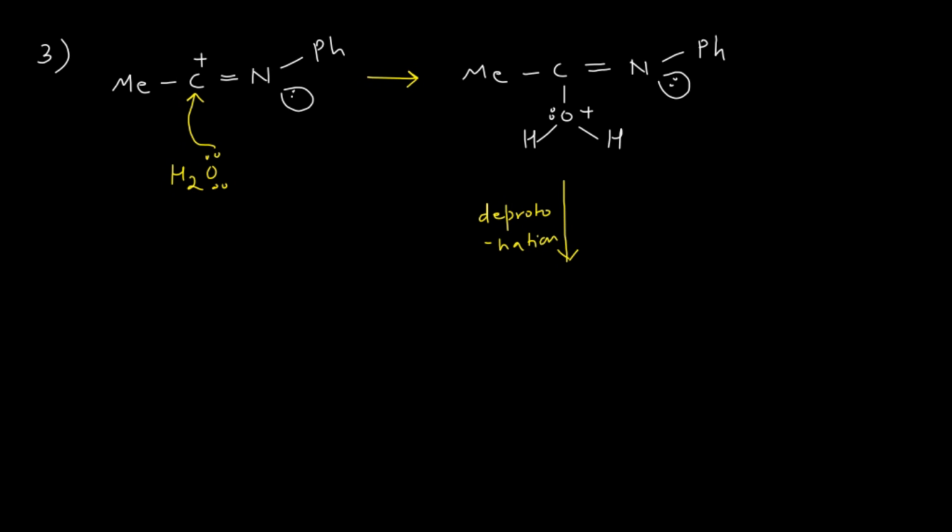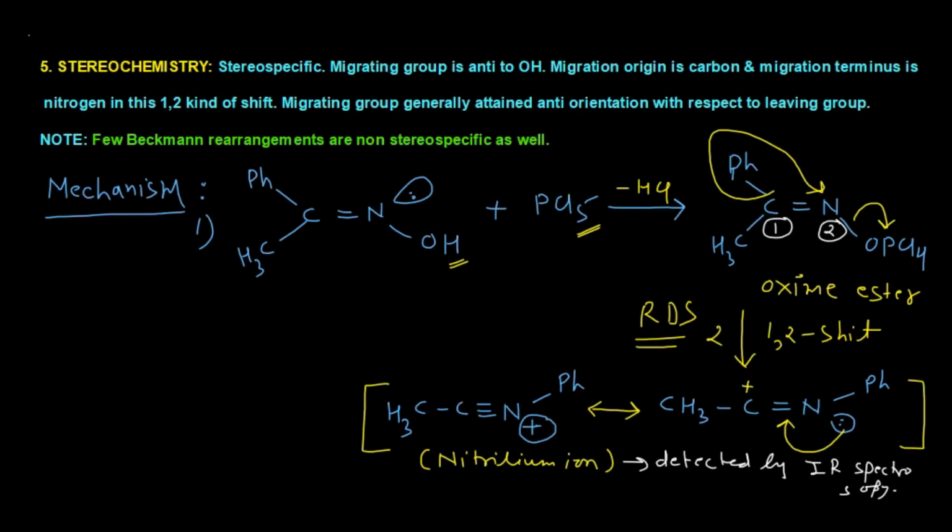So how will it give out the proton from here? Let's go back. Here you can see this OPCl4 left from here. So I have the OPCl4. I forgot to write this. Now I am writing minus OPCl4, and that will be required in the last step.